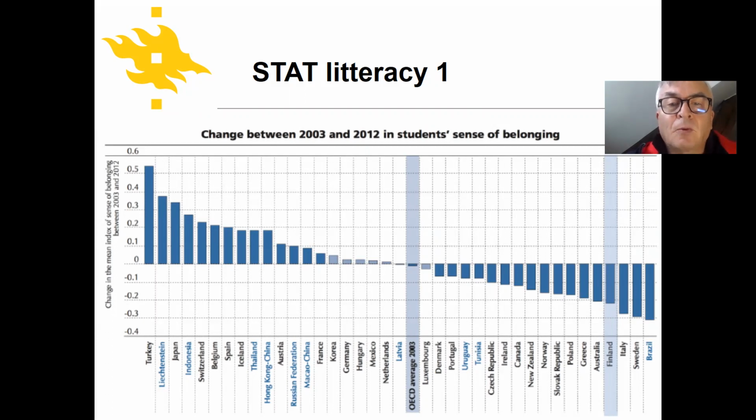So while the OECD is here, there are countries like Turkey where the sense of belonging has become stronger. Finland is among those where the sense of belonging has become more negative or weaker.